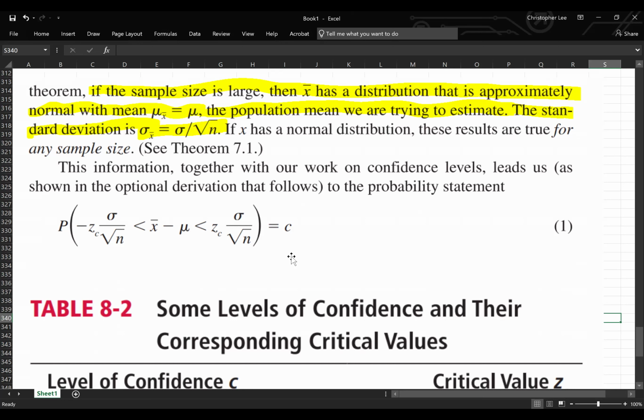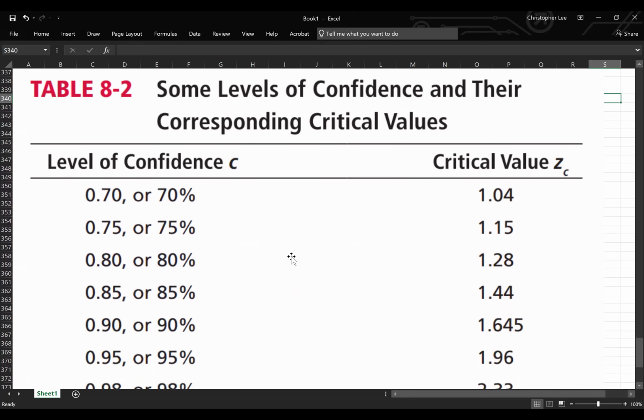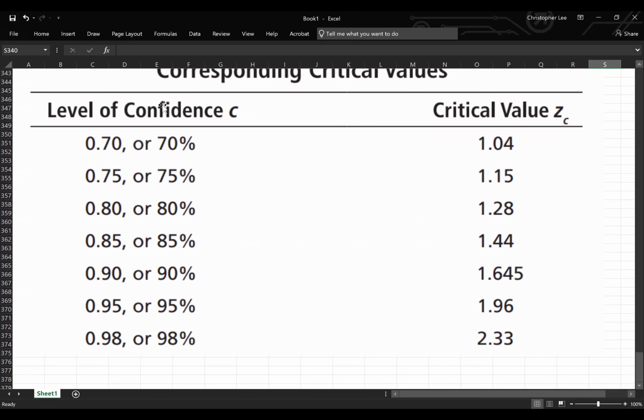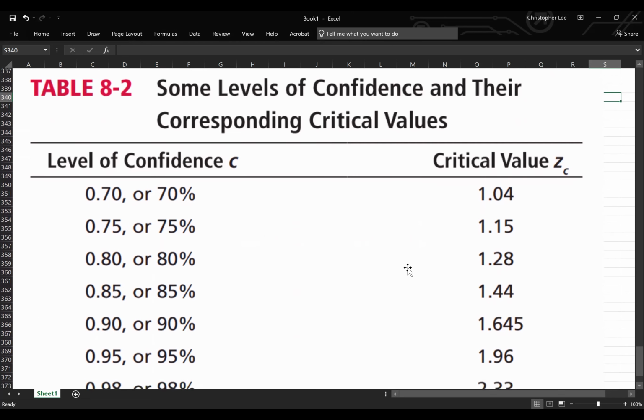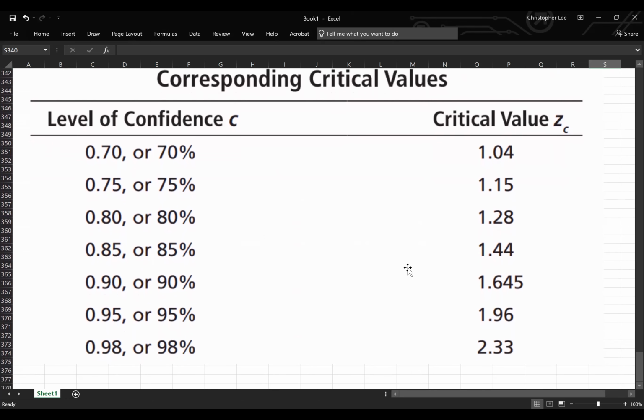But real quick, we just went through the whole process of how to find the Z critical. On your formula sheet, you have a table that lists all the levels of confidence and the Z critical value that corresponds to them. This is table 8.2, right underneath your normal distribution table.